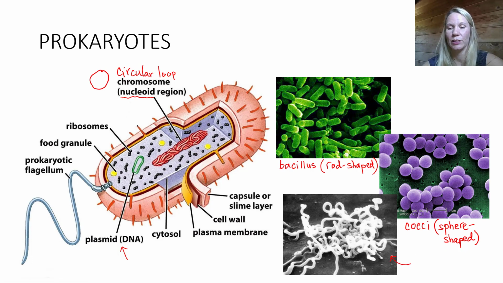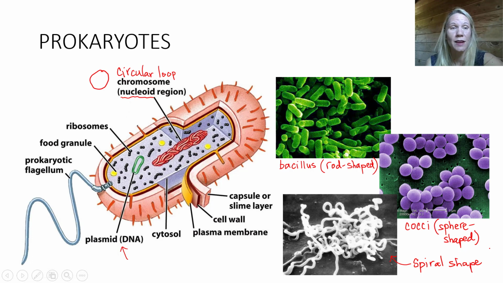This here on the bottom is showing you the bacteria that causes the sexually transmitted infection known as syphilis, which is caused by a bacteria with a spiral shape. So that's the domain Bacteria.